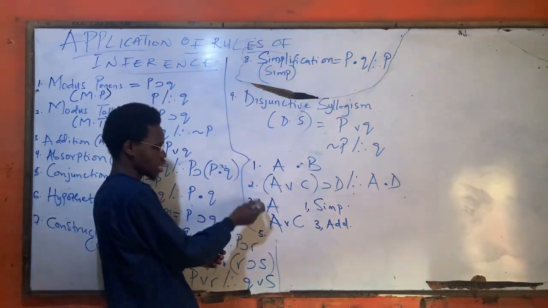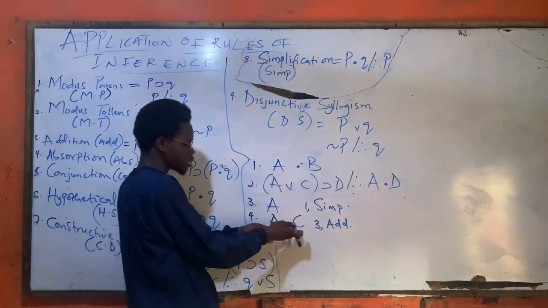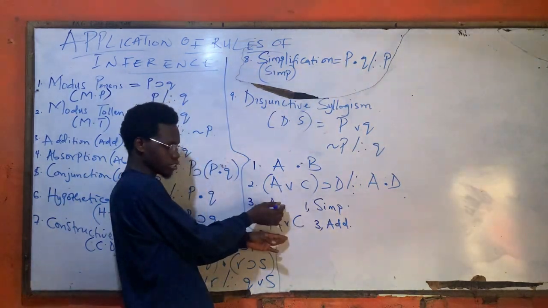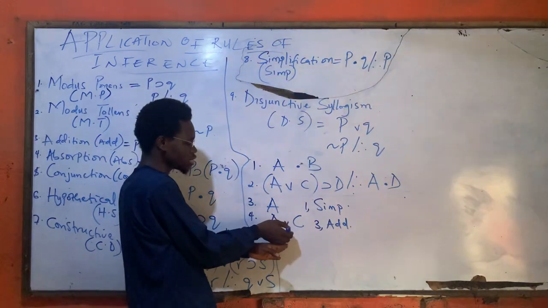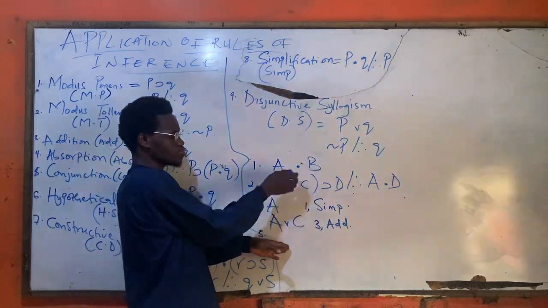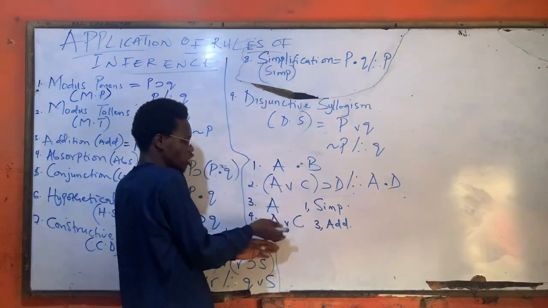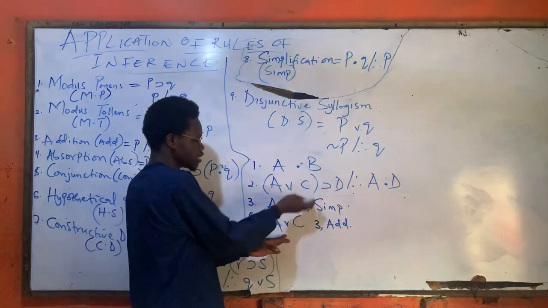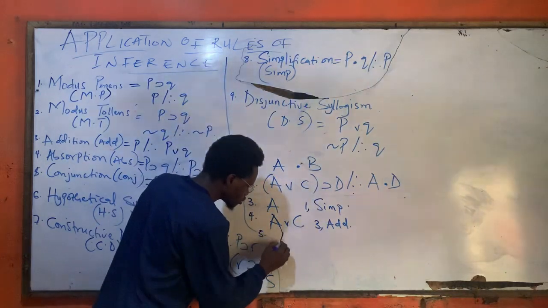First premise. This A or C, that happens to be the what? Conclusion of this, is now serving the purpose of second premise for this in order to what? To separate this from them. So I have A or C, therefore what? D.